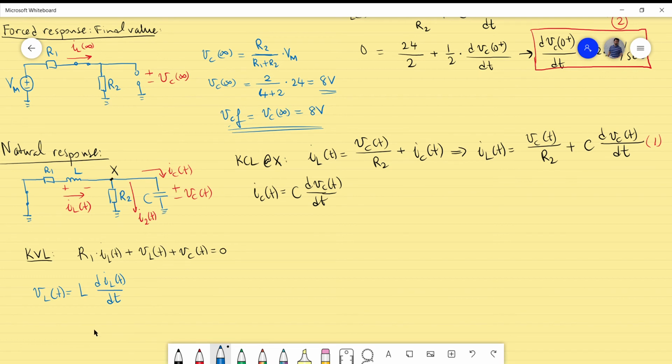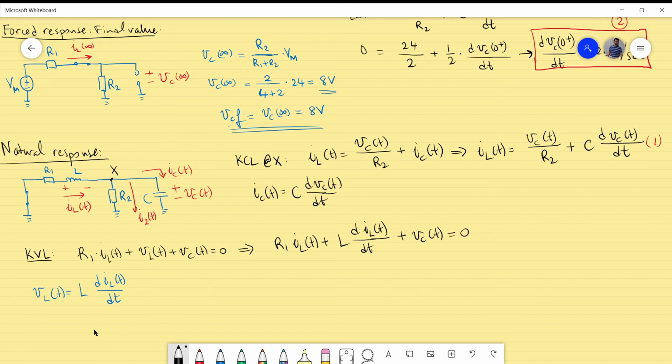So I will show the first steps. So what we have is the following. R1 and IL plus L times the derivative of the inductor current plus Vc is 0.